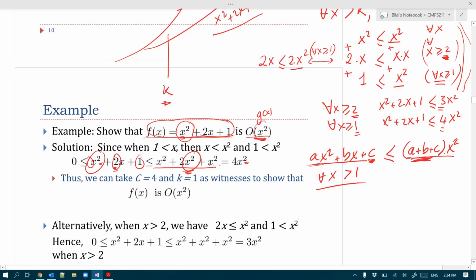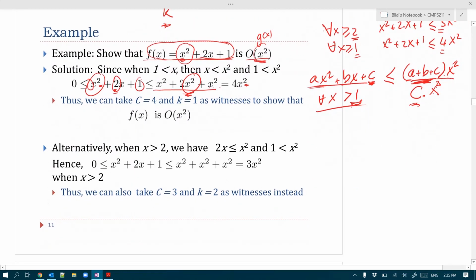So for every x greater than 1, you can have this major constant that is equal to the sum of the absolute values of the coefficients multiplying x squared. So you can find this obvious constant. We will see a generalized proof for any polynomial of degree n in a few slides.